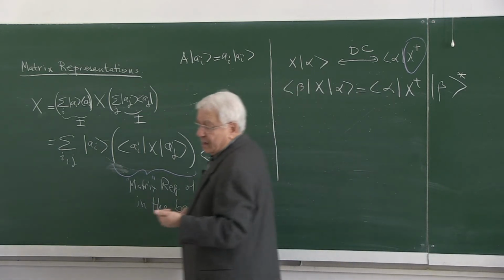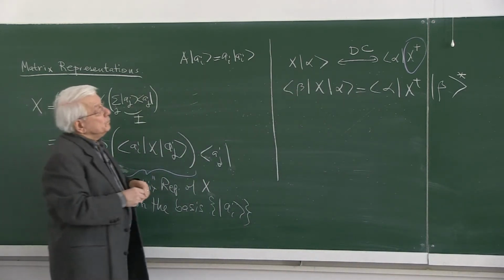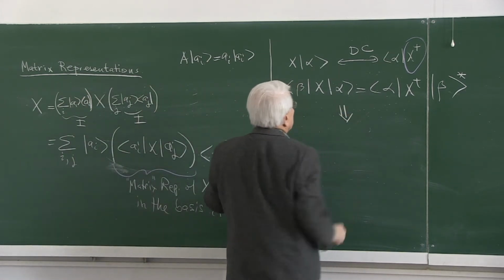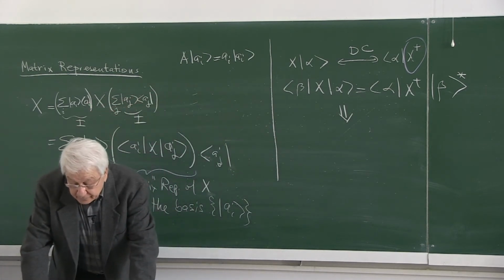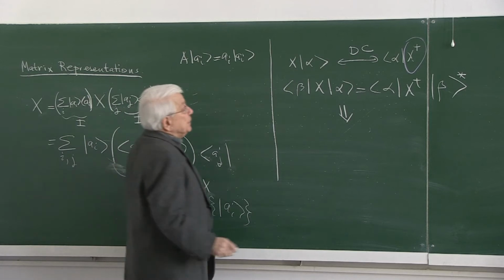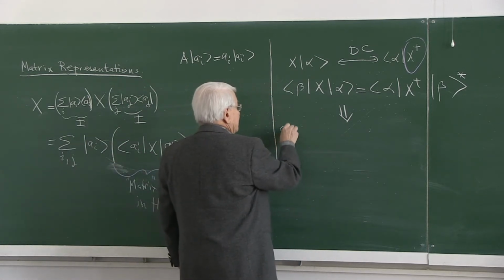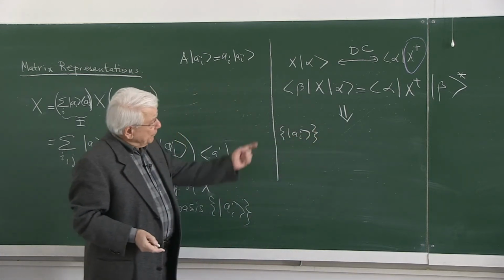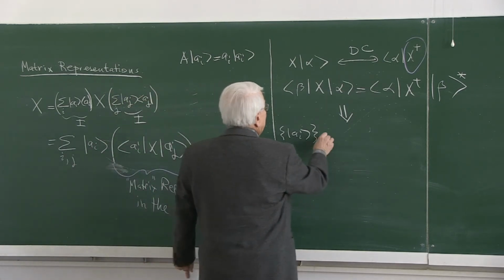Now, let's convert this relationship to the new language. If I use this expression in the eigenvector basis of the operator that I have been talking about, what do I get?